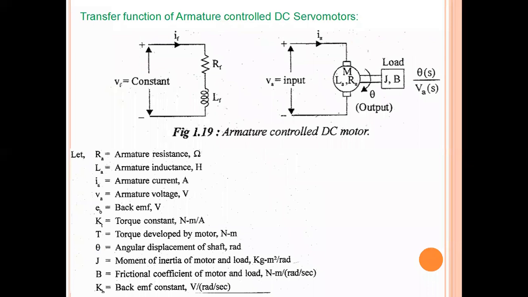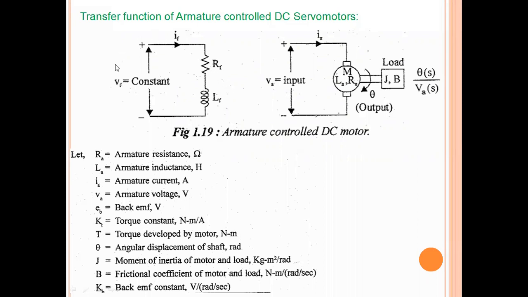In order to obtain the transfer function in each and every case, we must decide what is the input of that system and what is the output of that system. Okay, in each and every case, first we need to identify the input and then we need to identify the output, because the transfer function is the Laplace transform of output to the input.